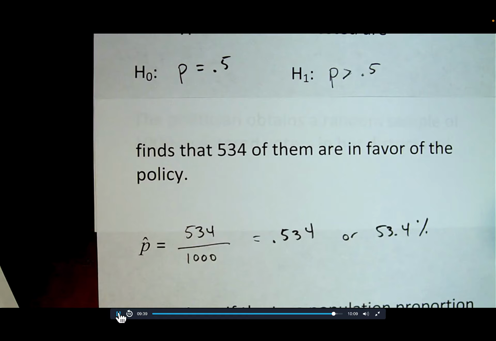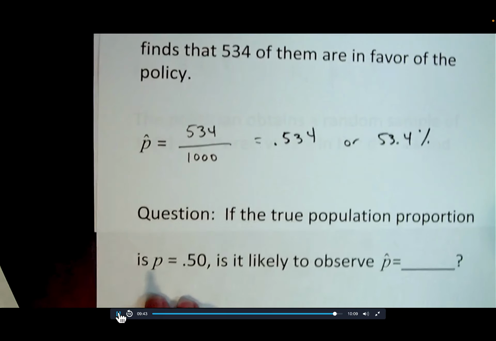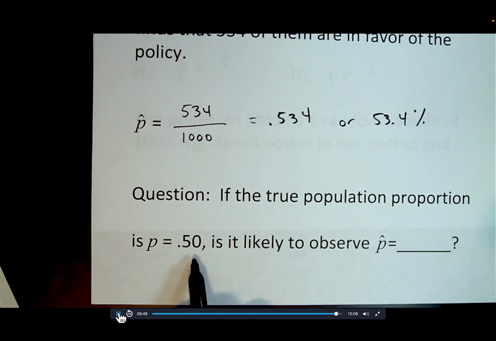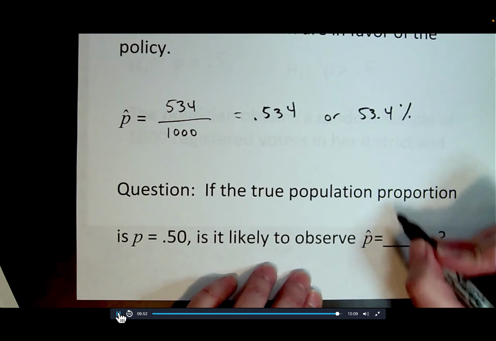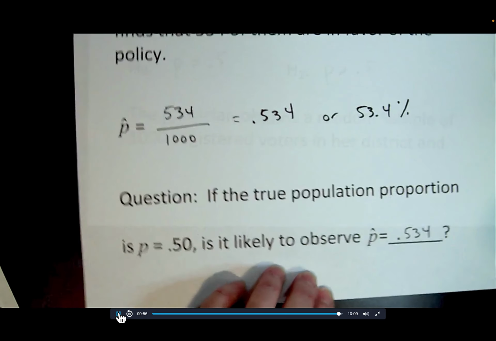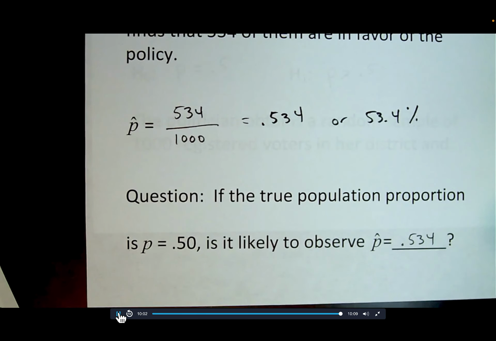And so the question that we need to go on and consider is, if the true population proportion is actually 50%, is it likely that we would have observed what we did? Would it be likely that we'd get a sample where the proportion is 0.534? This is the crux of hypothesis testing, and we'll come back and look at that question in the next video.